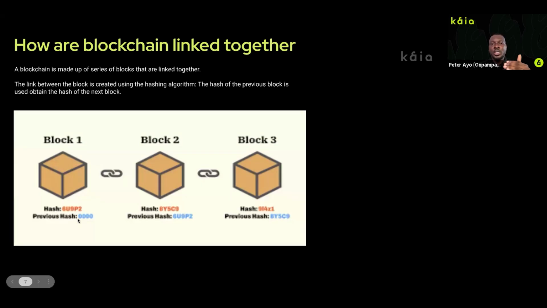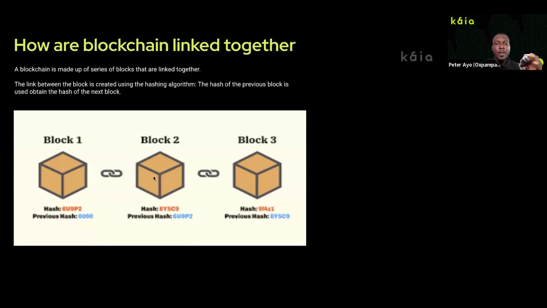For most blockchains, they have a genesis block, right? A genesis block is the origin block, and most times it doesn't have quite a number of transactions. This is where the blockchain originated from. So if we have block 0, which is the genesis block, that is why in block 1 we see that the previous hash is 000.